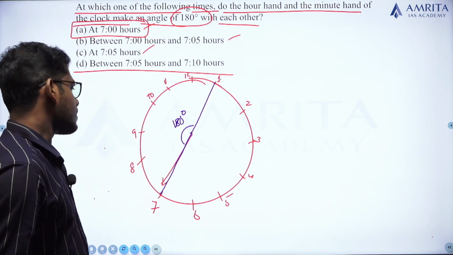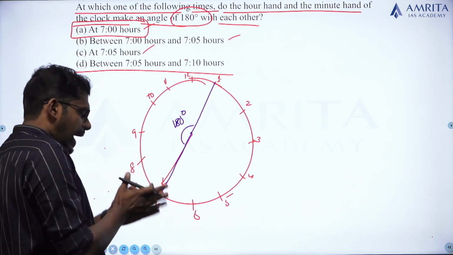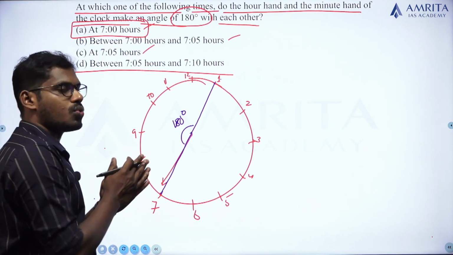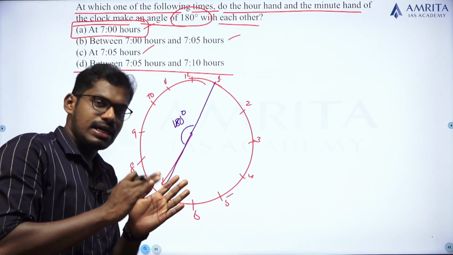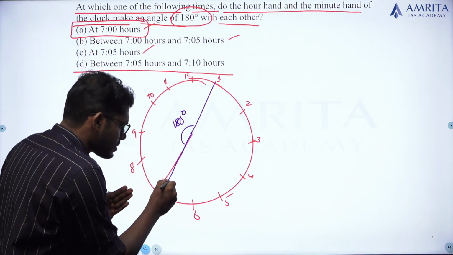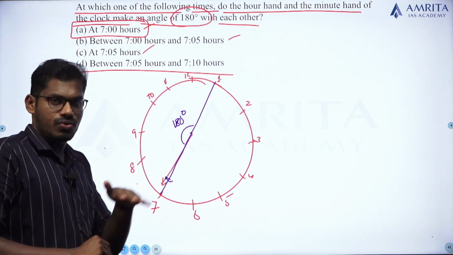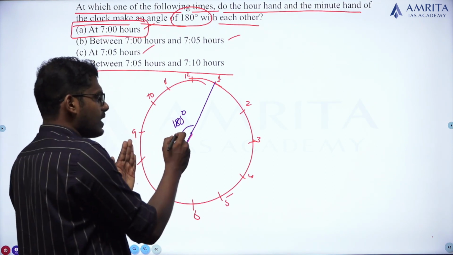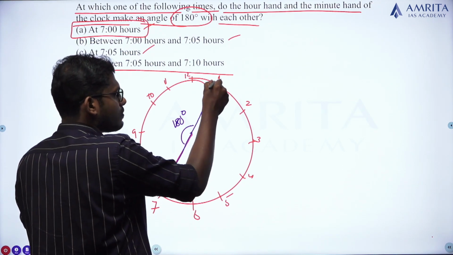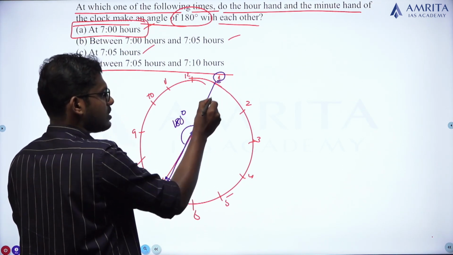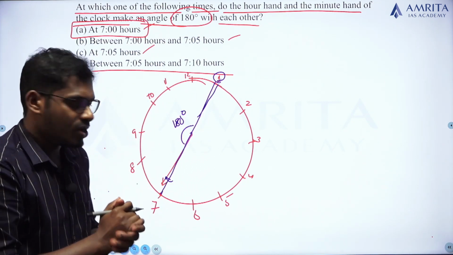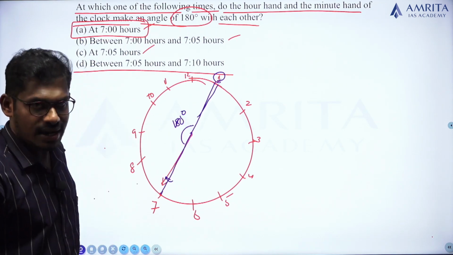Clear? Okay. Now in reality, the hour hand is not pointing straight towards 7. Instead, it moves a little to the right. So definitely, in order to make an angle of 180 degree, the minute hand should not point towards the digit 1. Instead, it will move towards its right.